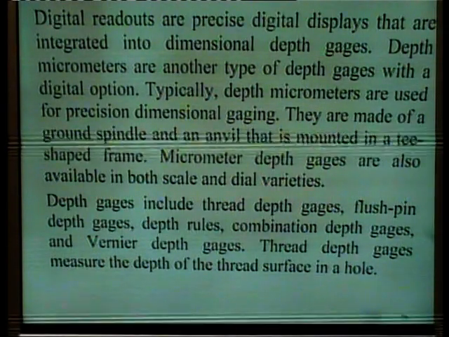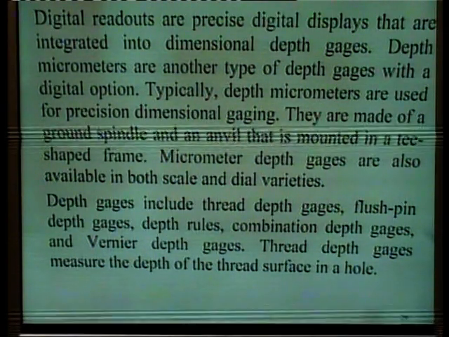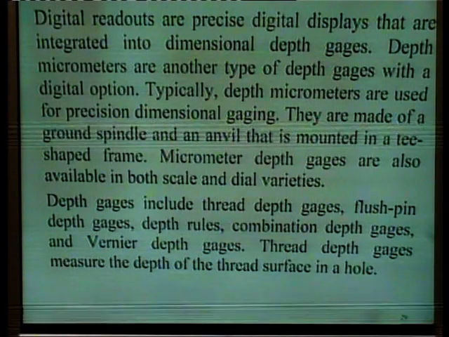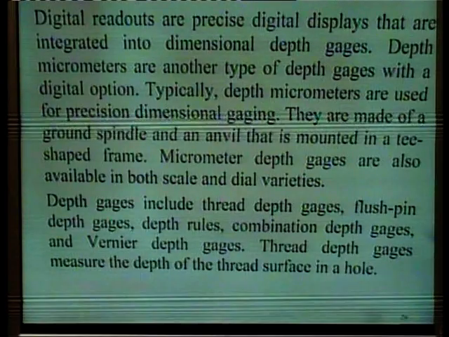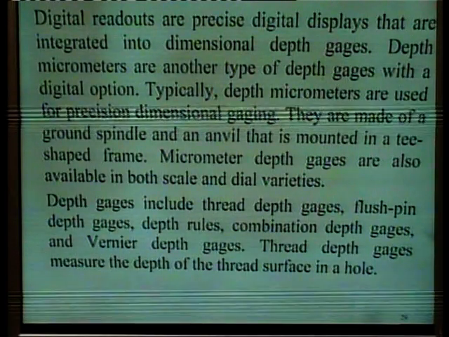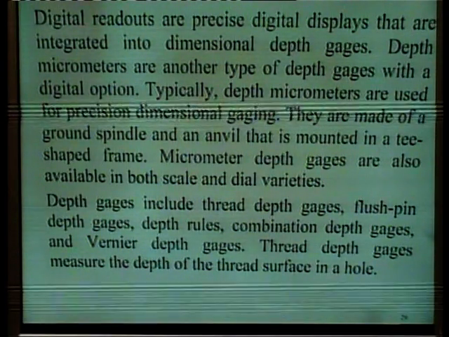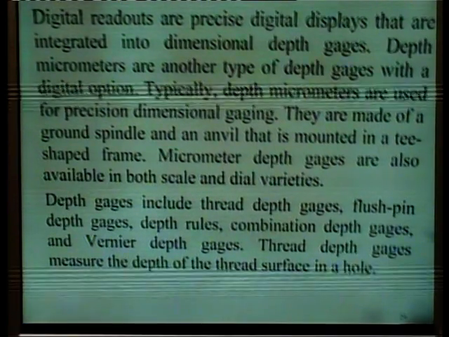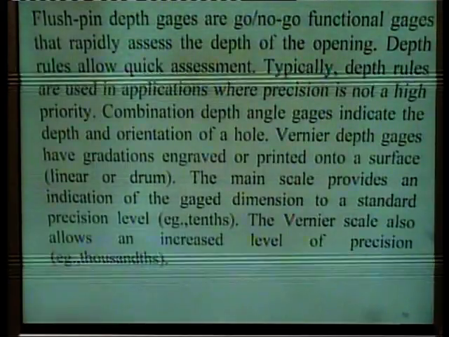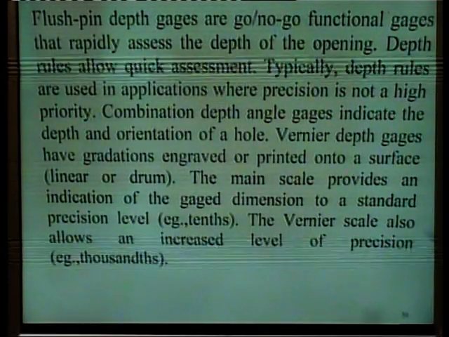Depth gauges include thread depth gauges, flush pin depth gauges, depth rules, combination depth gauges and Vernier depth gauges. Thread depth gauges measure the depth of the thread surface in a hole. These are all used depending on the requirement of the object.